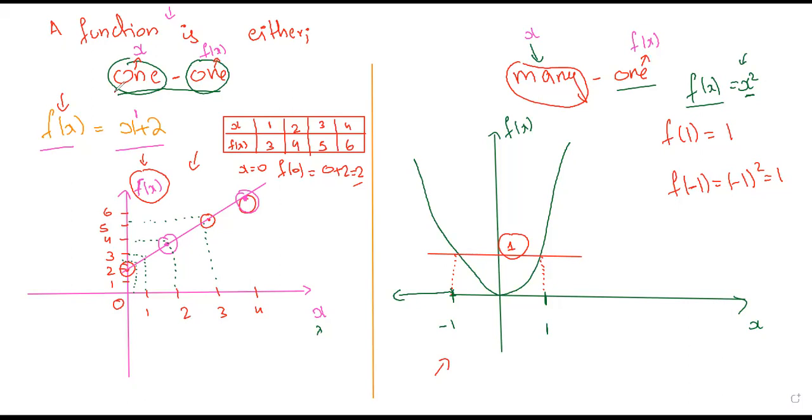When I say 1 to 1, this means that if this is my x, this would be approximately 3.5. For 3.5, I am getting, let's say, 6.5. Okay, it's just a rough graph.